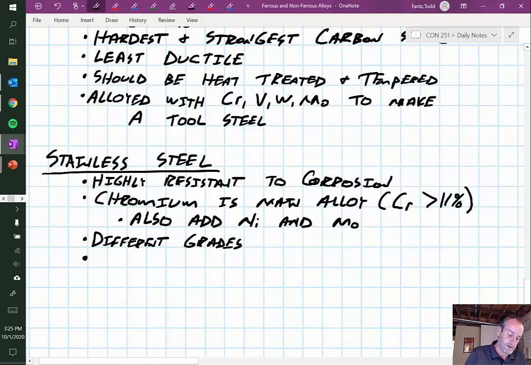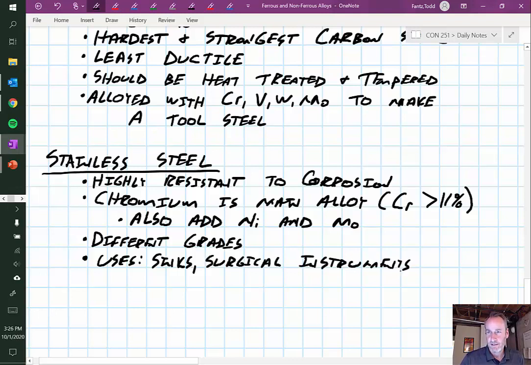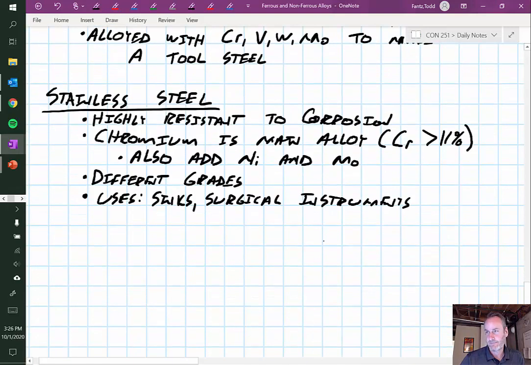Probably the ones you're most common with would be like sinks or refrigerators or surgical instruments. And some of that has to do with its ability to be corrosion resistant because if you had a surgical instrument and it started to corrode, you're introducing all sorts of other nastiness into the human body, right?